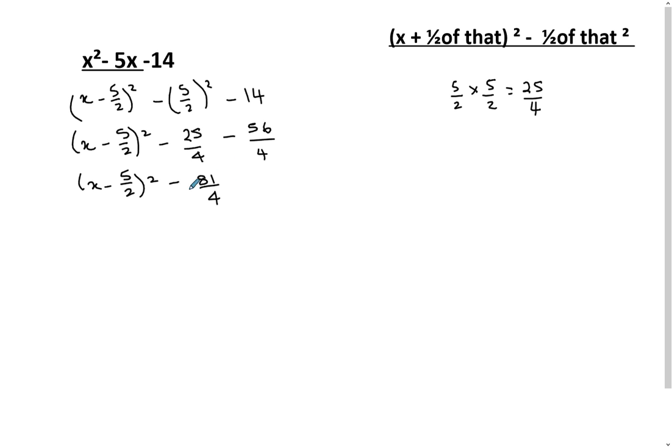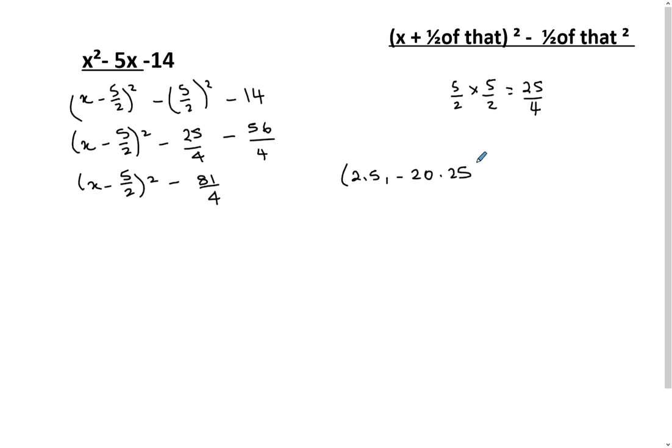And again, you're smiling because that's a square number, or both square numbers. Okay, so your minimum point will be, what value makes that 0? So that will be 2.5. And your y coordinate will be as you see it, so it'll be minus 20.25.